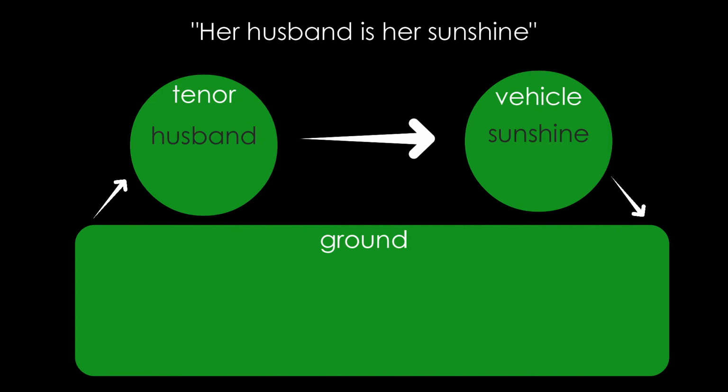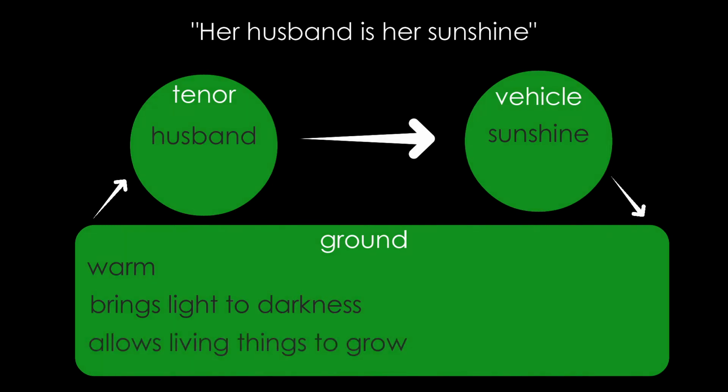What we need to ask ourselves now is, what features or attributes does the sunshine have that the writer wants to borrow to give to her husband? Sunshine is warm, brings light to darkness, and allows living things to grow. So these are the features that are being lent to her husband. Of course, these properties are concrete physical properties.